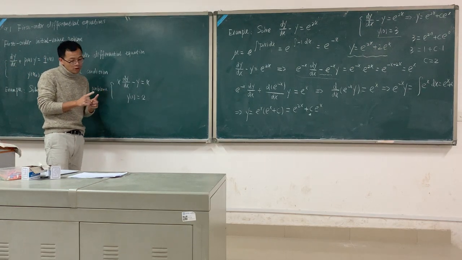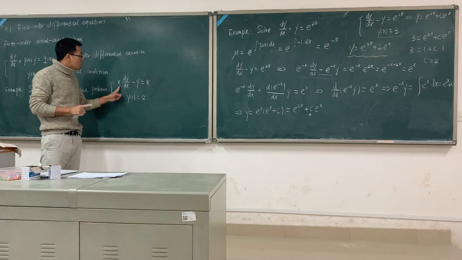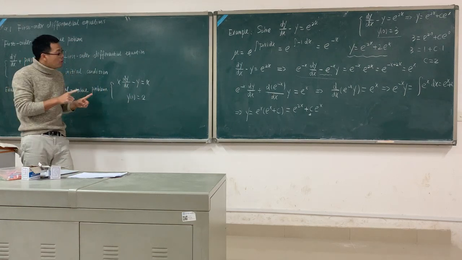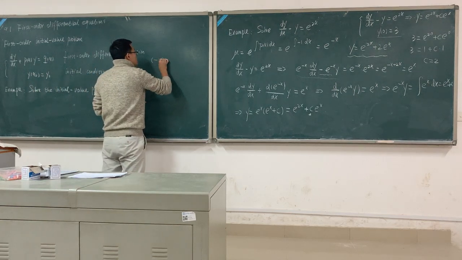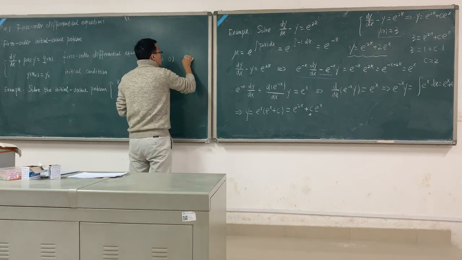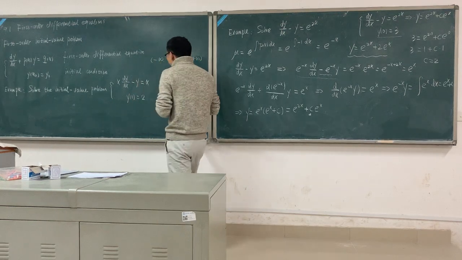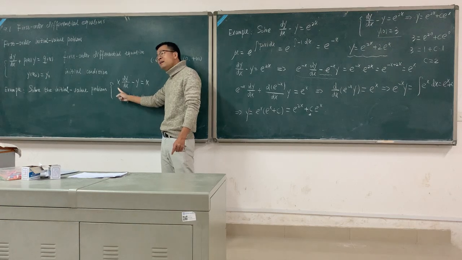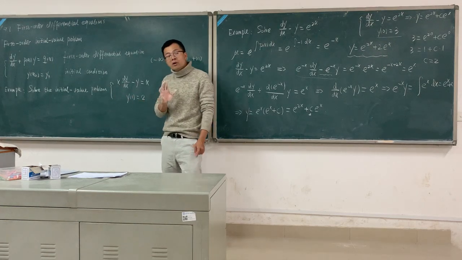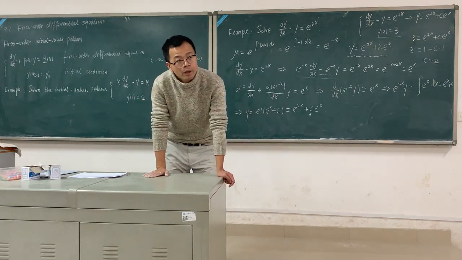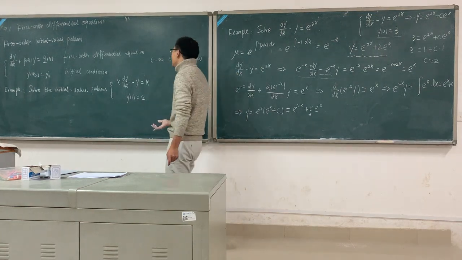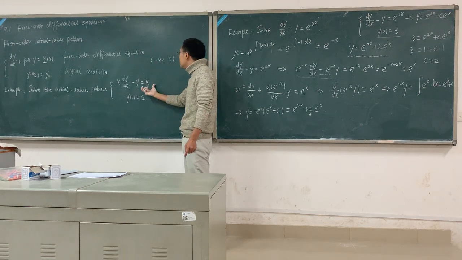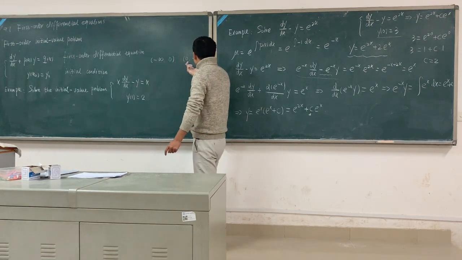So here means that we should study the equation on the interval from minus infinity to 0, or from 0 to plus infinity, because we need to divide by x on both sides, so x should not be equal to 0.